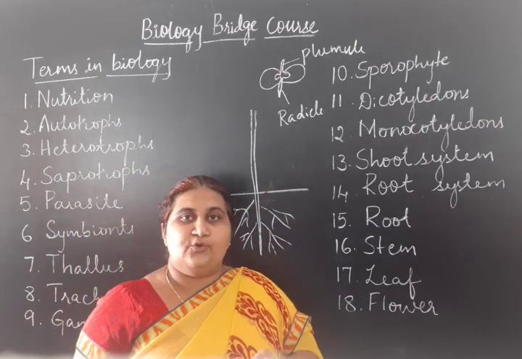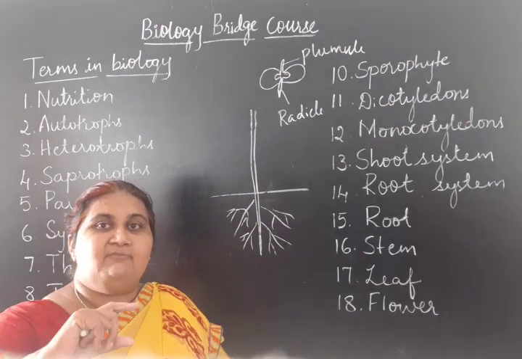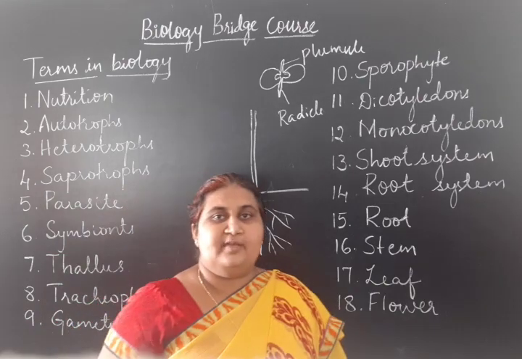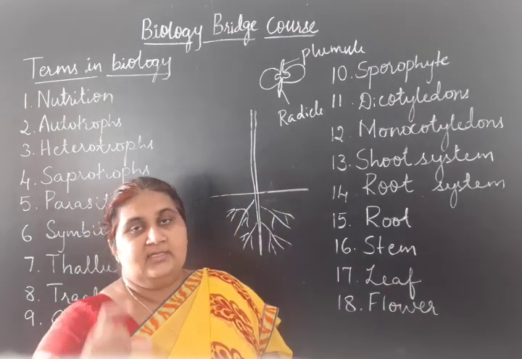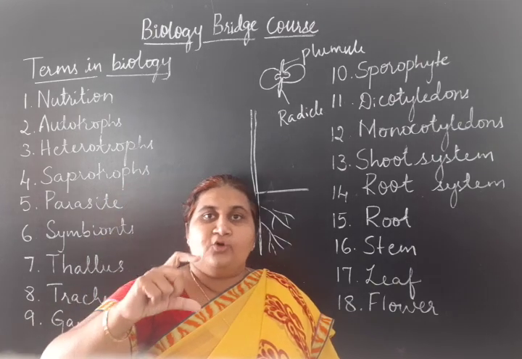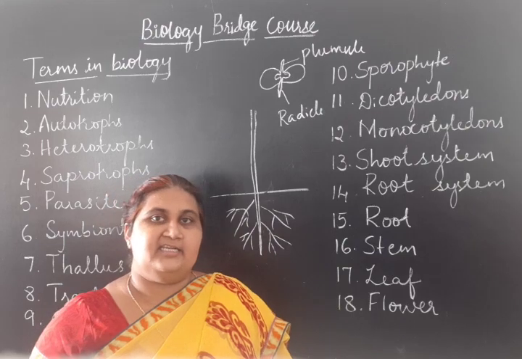The stem has node and internode. The point from where the leaves are being produced is called a node. The portion between two nodes is called an internode.